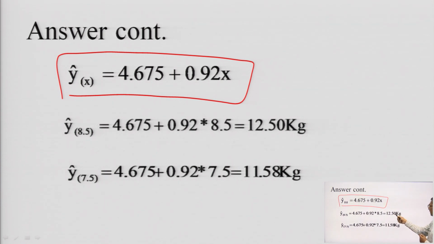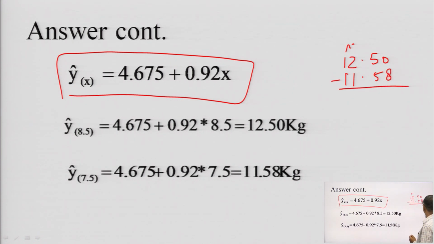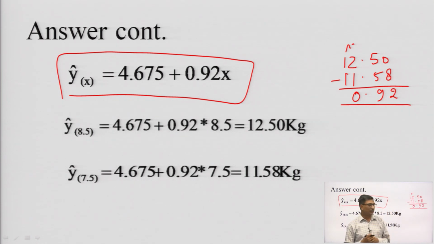If we find the difference between these two weights, 12.50 and 11.58, the difference is 0.92, and this is equal to the regression coefficient.